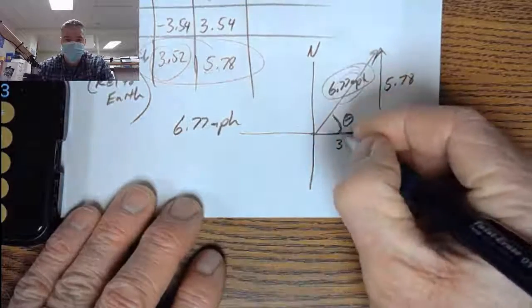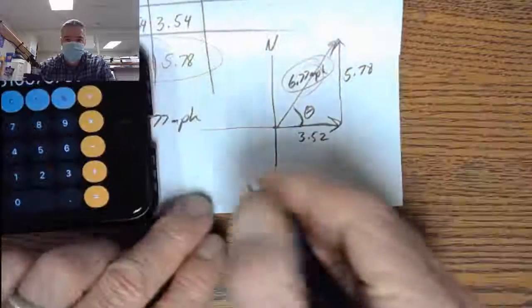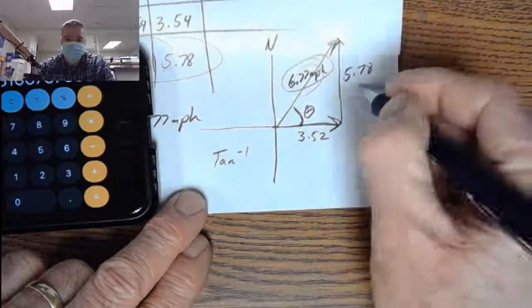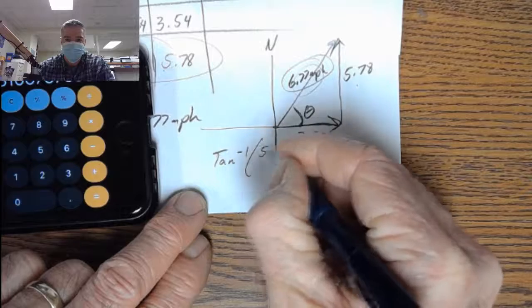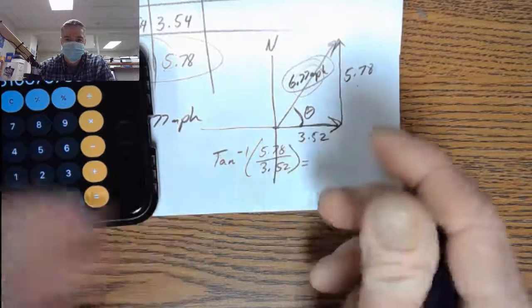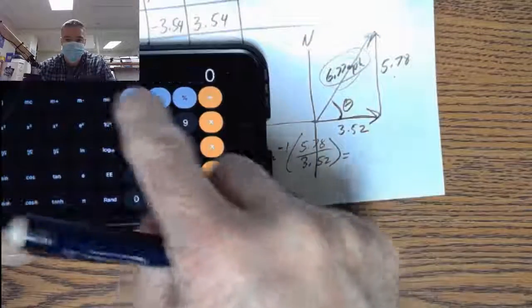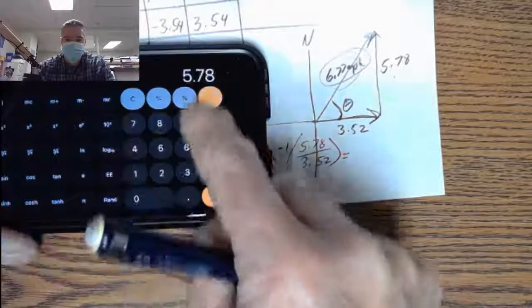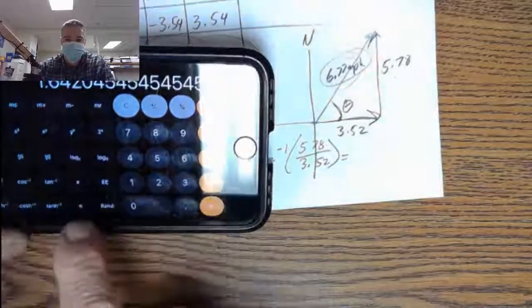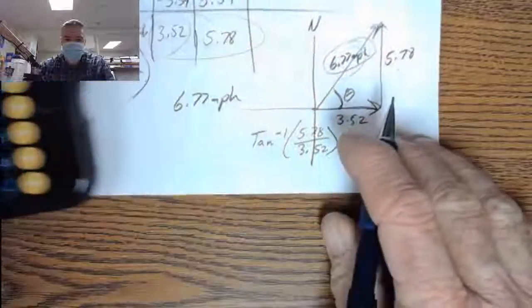Now I need the angle. And to get that angle, I'm going to use the inverse tangent of this over this, which gives 58.6 degrees.